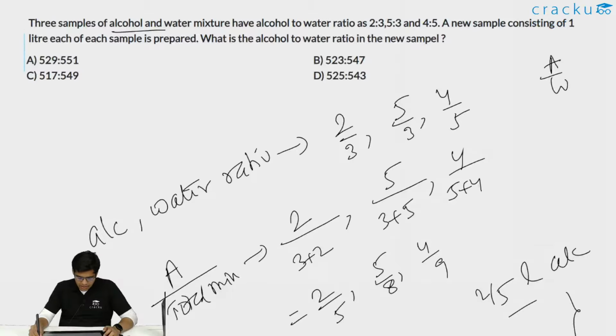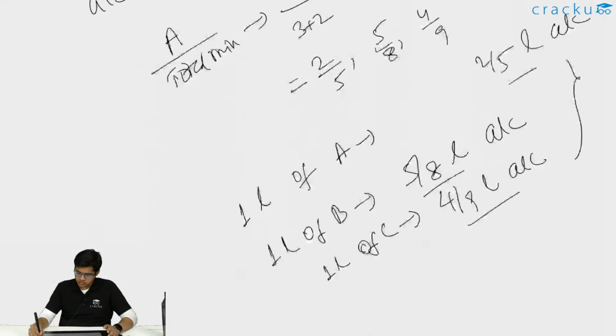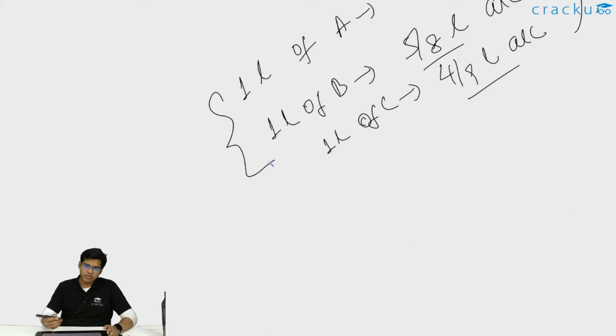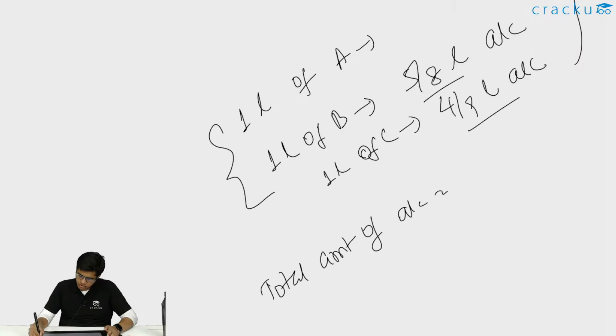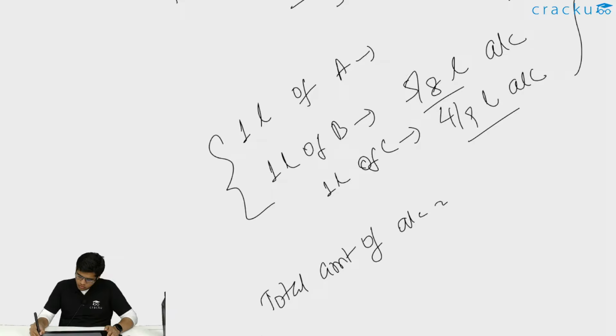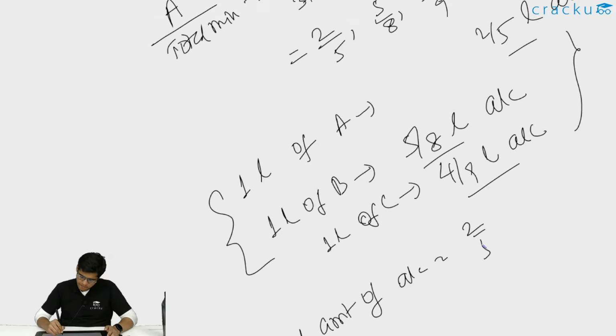So if all 3 liters are mixed, what is the total amount of alcohol? The total amount of alcohol will be 2 by 5 plus 5 by 8 plus 4 by 9.